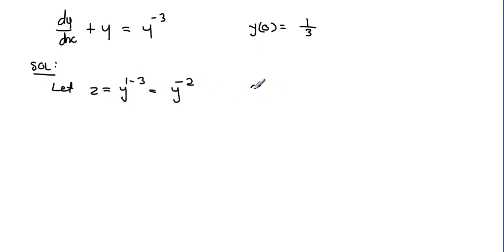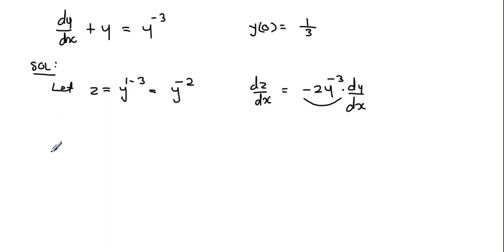Then after that, we find an expression for dz/dx, which will come out here as minus 2 y to the power minus 3, applying again the power rule, dy/dx. So what we notice now is that in this expression dz/dx, there's a new factor multiplying dy/dx. So we'll take this factor and multiply this given equation.